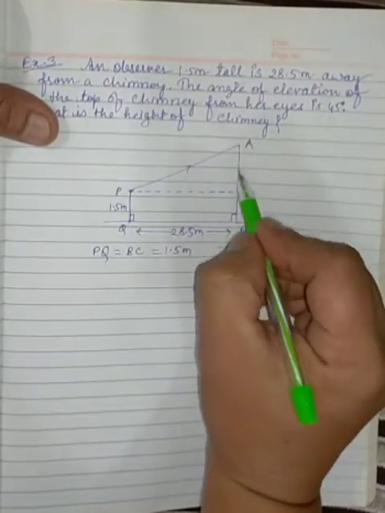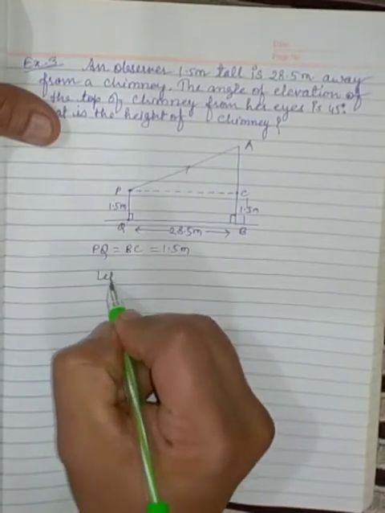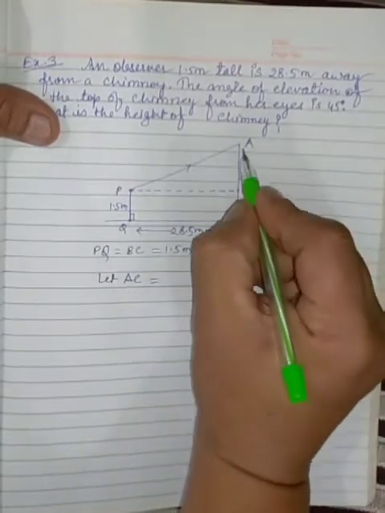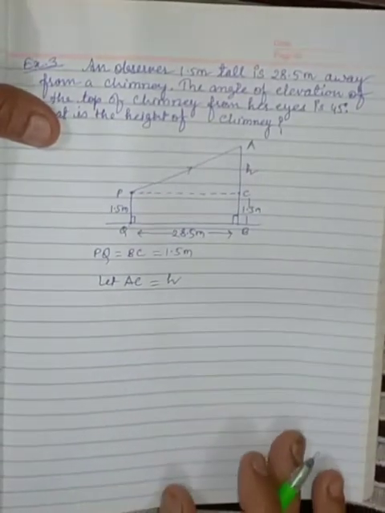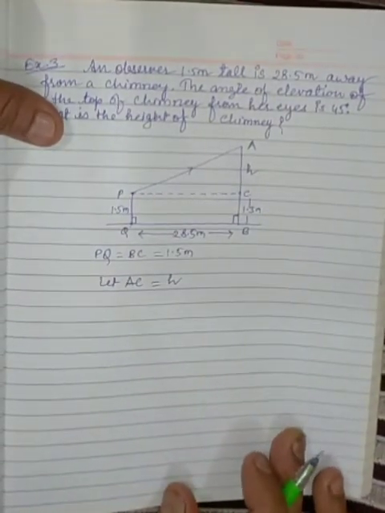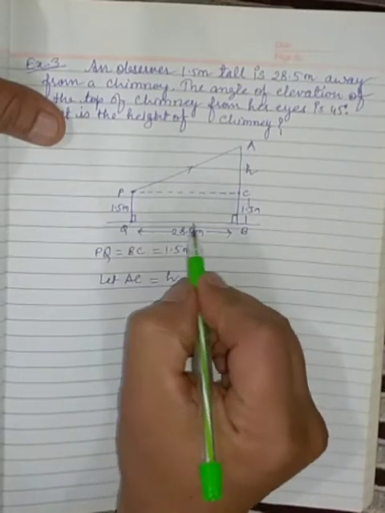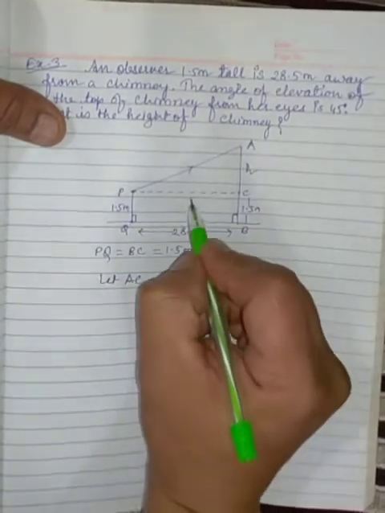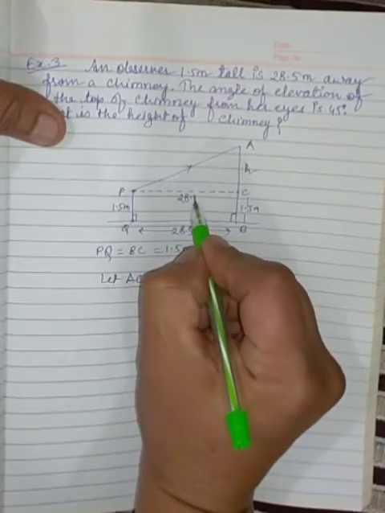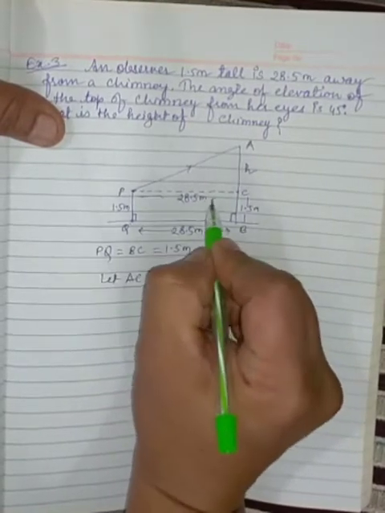That means the remaining part, we will consider it as H. So let AC is equal to H. Also QB is equal to PC, being a rectangle. So here PC is also equal to 28.5 meter.